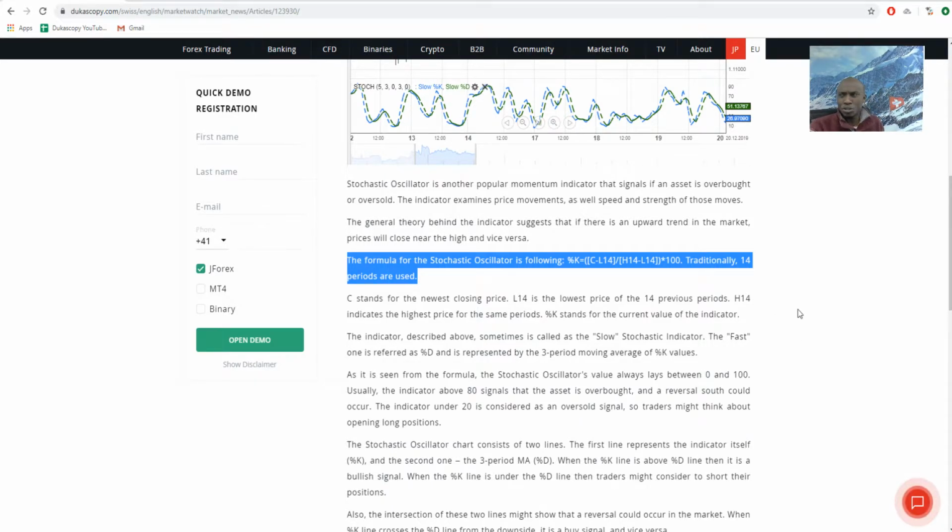You might be asking the question, stochastic is almost similar to the relative strength index, which is RSI, or MACD, the divergence. So why do I want to use stochastic? When I was doing research for this stochastic, I found it very interesting.